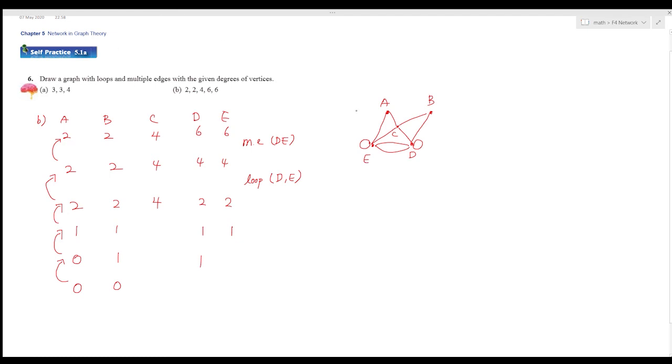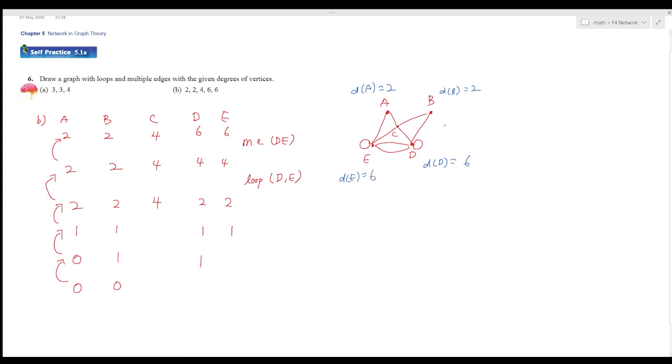So we can check our graph whether it is correct or not. Once again, the degree of A, 2. Degree of B, 2. Degree of D: 1, 2, 3, 4, 5, 6. E: 1, 2, 3, 4, 5, 6.